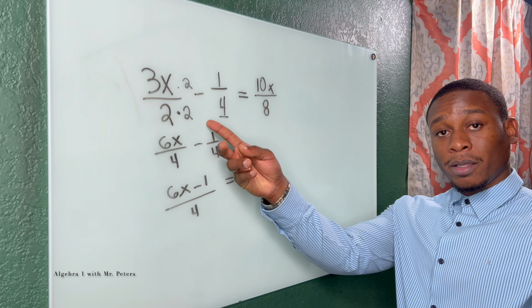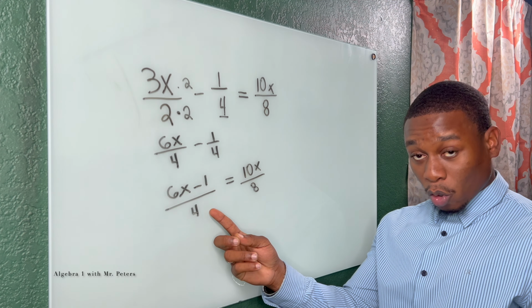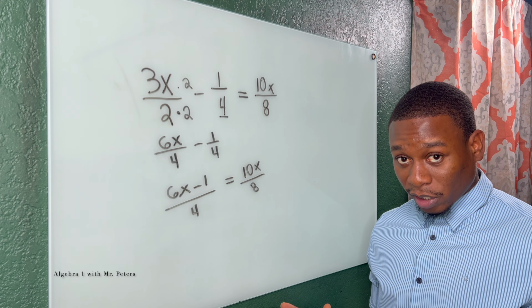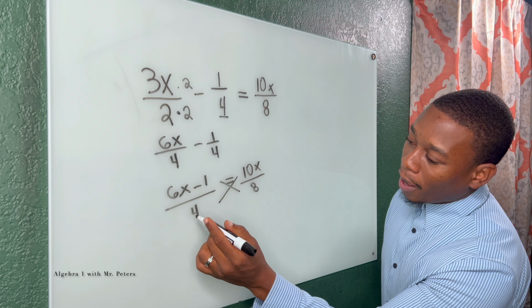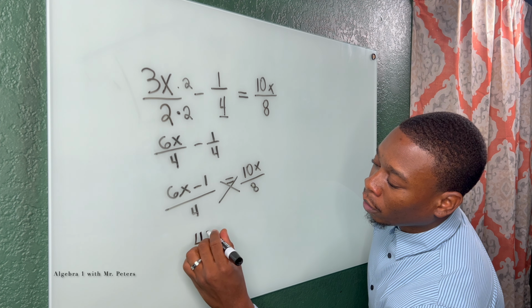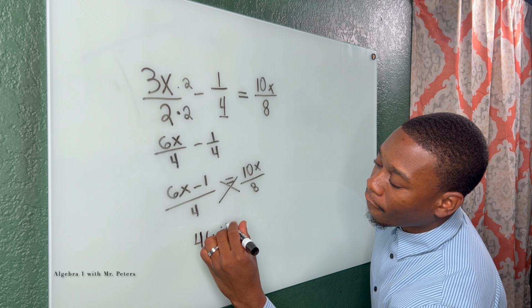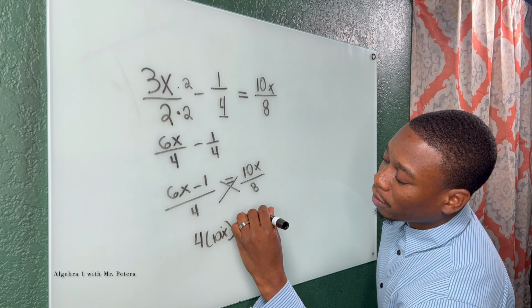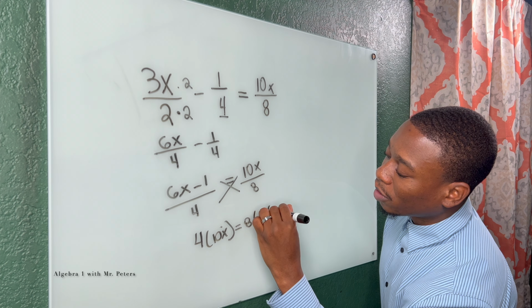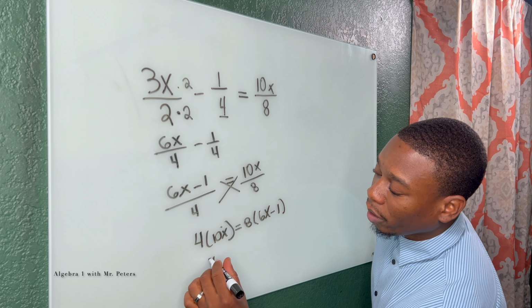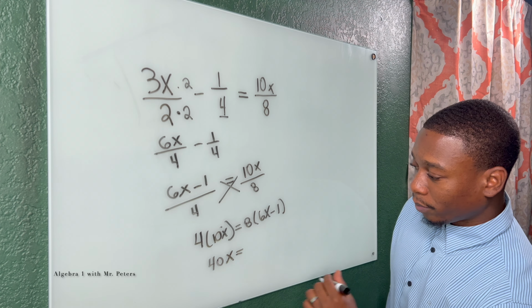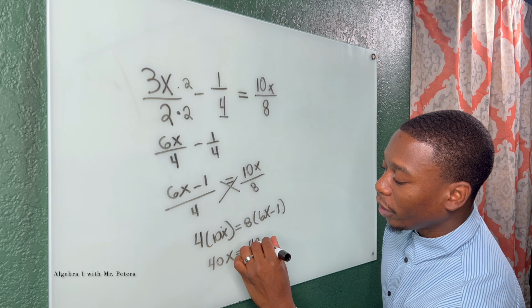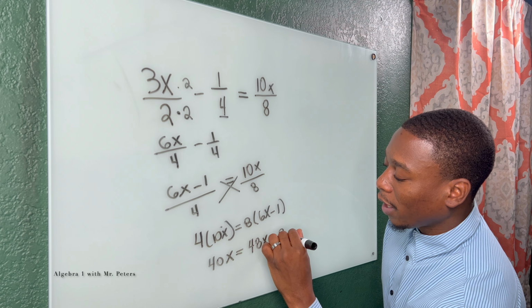After I combine these two fractions into one, I can now use the properties of proportions and cross multiply. So I have 4 times 10x is equal to 8 times 6x minus 1. So we're going to get 40x is equal to 48x minus 8.